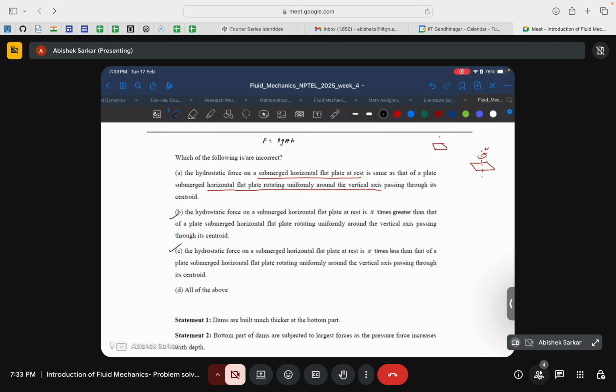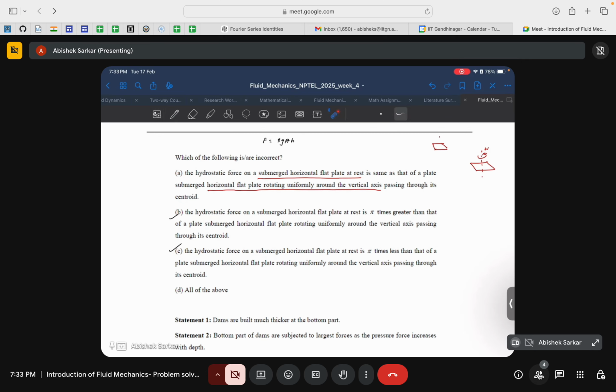Since the hydrostatic force does not depend on whether the plate is rotating or not, the only limitation is that the fluid has to remain stationary. And we're only asked about the hydrostatic force, so even after rotation, the hydrostatic force will persist, as the fluid is in a stationary state.